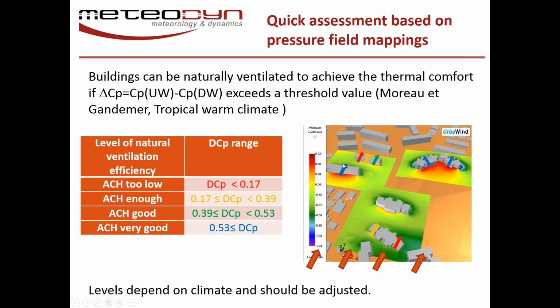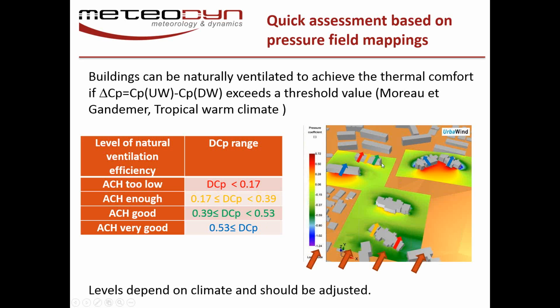As you see here, the blockage is quite weak. The buildings are very far away from each other here. So you have a high positive pressure, and behind you have a low negative pressure. If you are reading this scale, it's almost delta CP equal to 2, so it's a very good ACH.